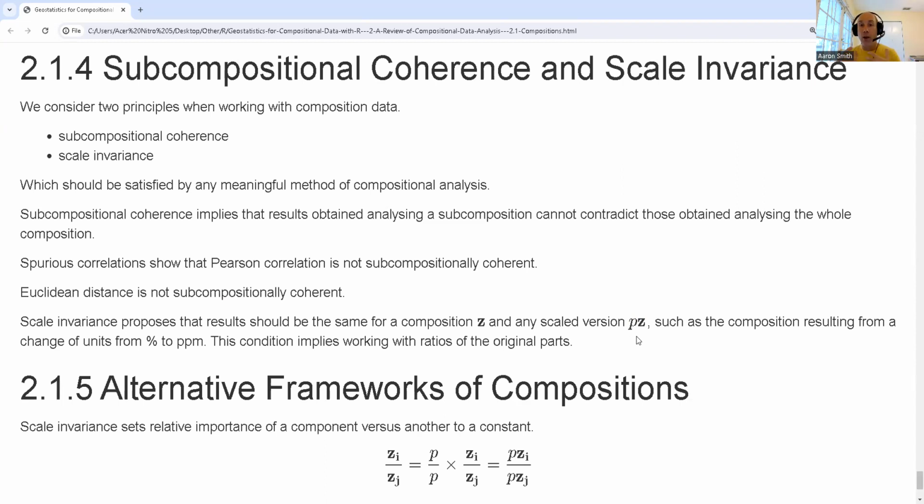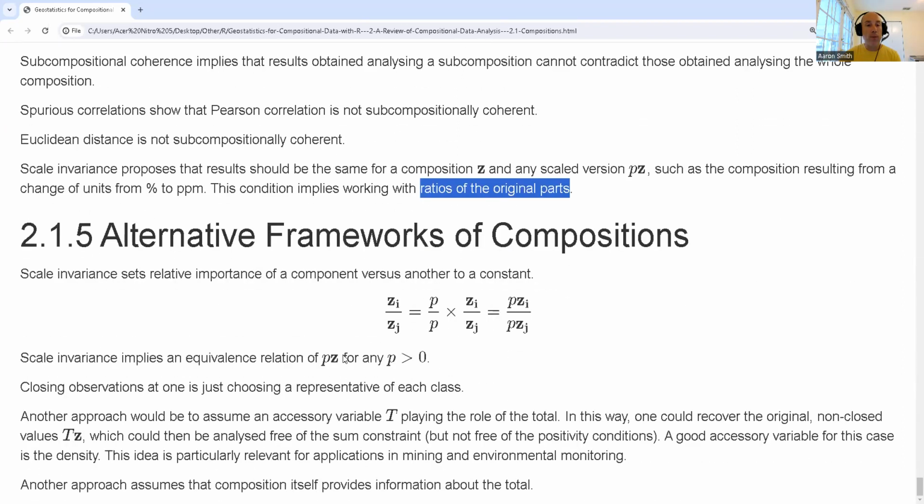I could dig into a mathematical proof and show that this condition implies working with ratios of the original parts. Now, alternative frameworks to compositions. Scale invariance sets the relative importance of one composition versus another to a constant value. And so that's something for us to make sure we understand.